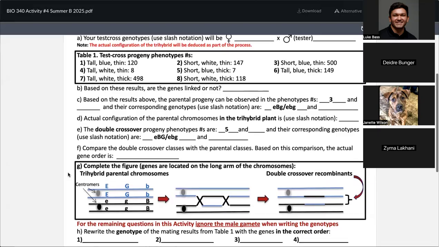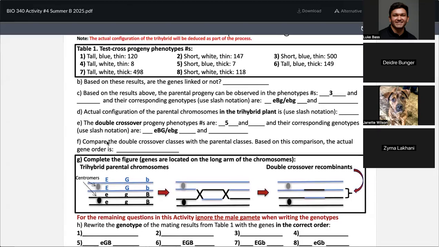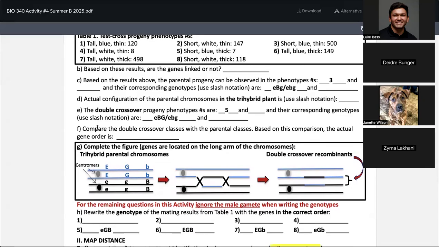And then this is probably the most confusing part, at least for when I was learning it: finding the gene order. A lot of students get this wrong. I don't know if this was in any of the lecture videos, but you'll be comparing the genotypes you get up here for the parental genotypes and the double crossover genotypes to find which gene doesn't change, but the other two genes do change.